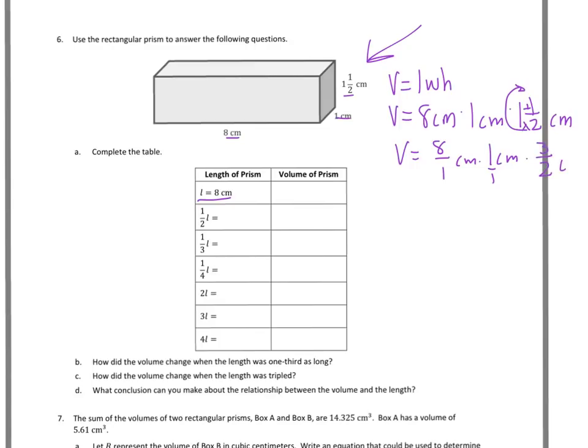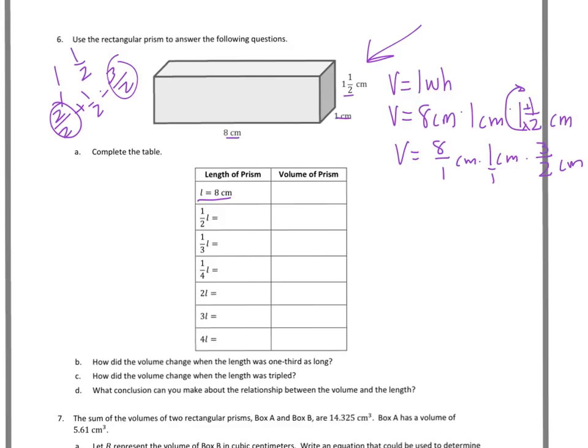The reason why I can do that, and I always like to show this, is when I'm talking in terms of units, that's actually a 2 over 2. 2 over 2 equals 1 whole. So 2 over 2 plus 1 over 2 gets me 3 over 2. That's why I can change it.